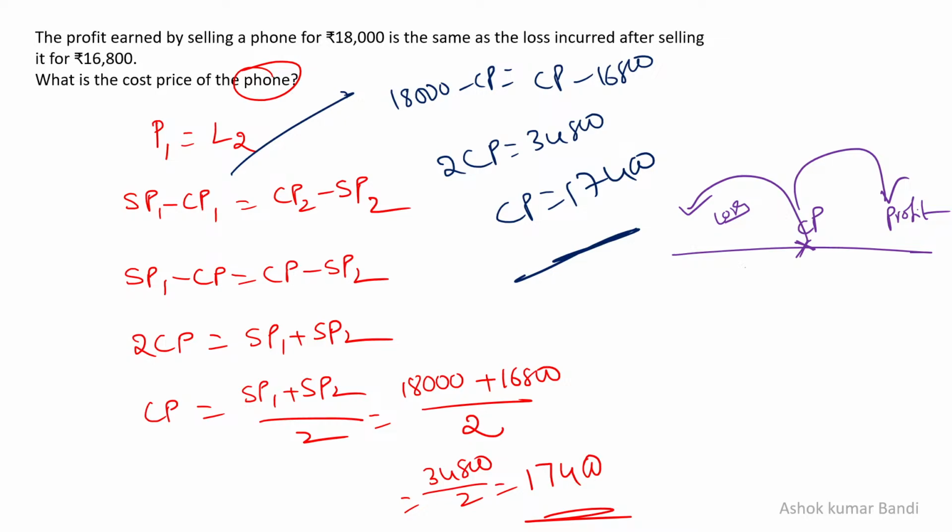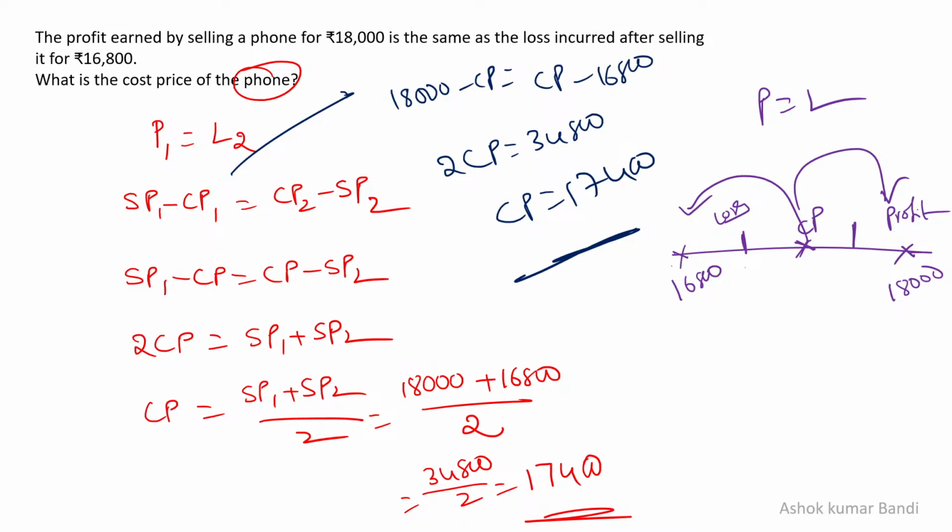Now simple thing, just find out how much gap is there. See, first time I am selling somewhere here, let us take this value as 18,000, then I am selling on the loss side, which is 16,800. Now he is saying profit equals loss. If profit is equal to loss, it means this distance should be equal to this distance. So the ratio is 1:1. Like how much profit you are having, the same loss you are having.